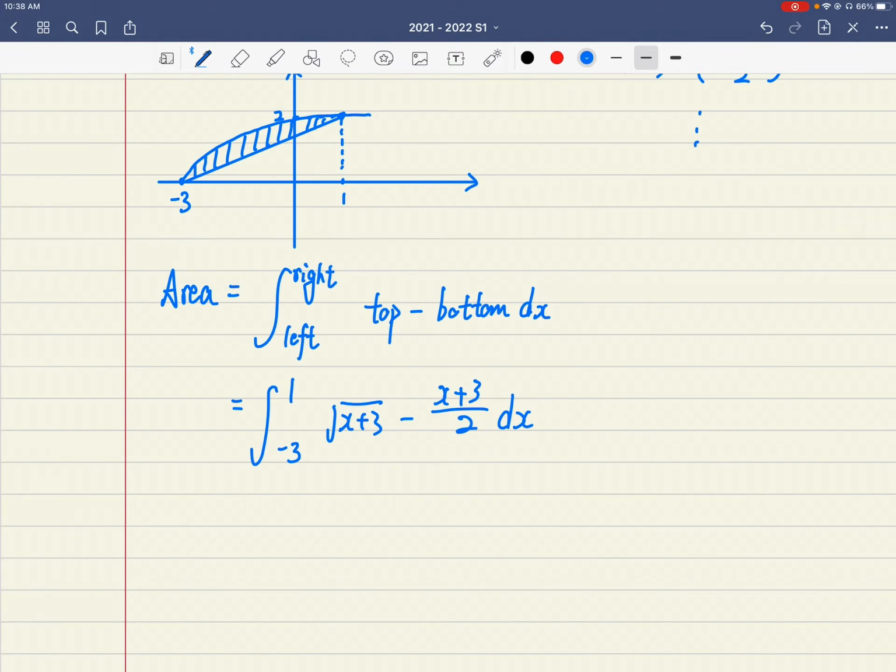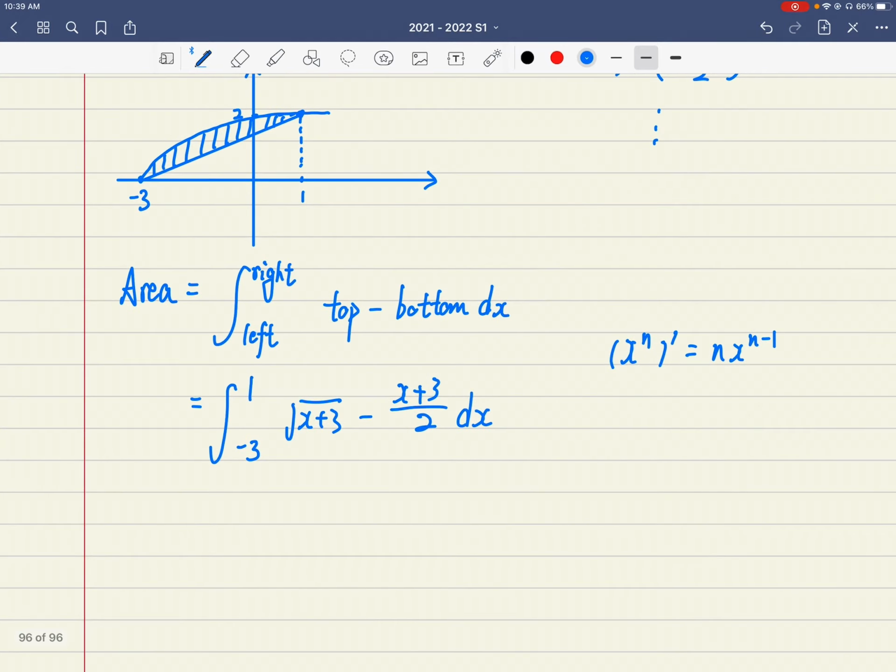When you do the integration, it's just a simple integration of polynomials. For example, if you differentiate x to the power of n, you get n x to the power of n minus 1. If you integrate x to the power of n, you get x to the power of n plus 1 over n plus 1.